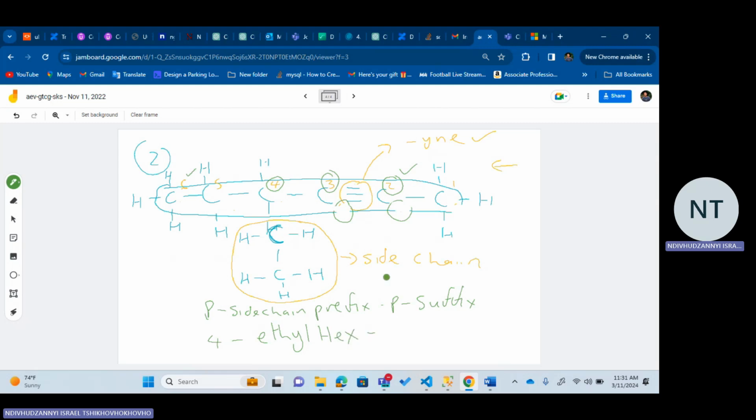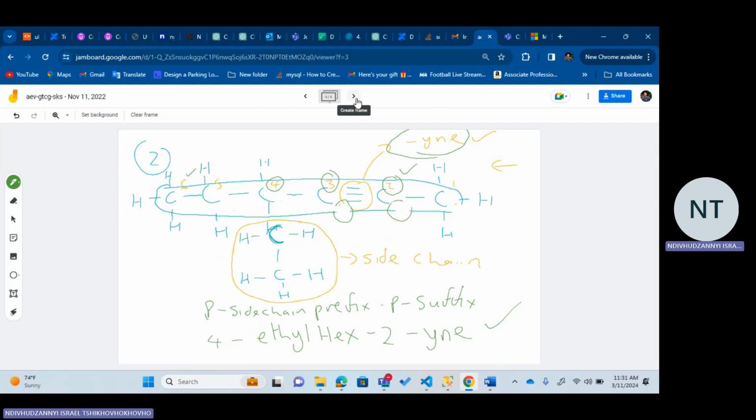Then the position of our hydrocarbon alkyne, we know it's in position 3 and 2. Then we choose the smallest number there, 2. Then the suffix is YNE. So it's going to be 4-ethylhex-2-yne.